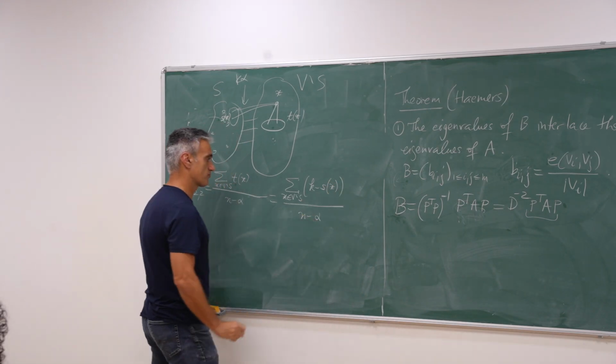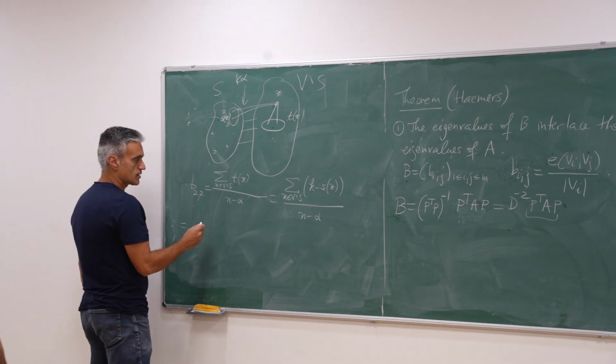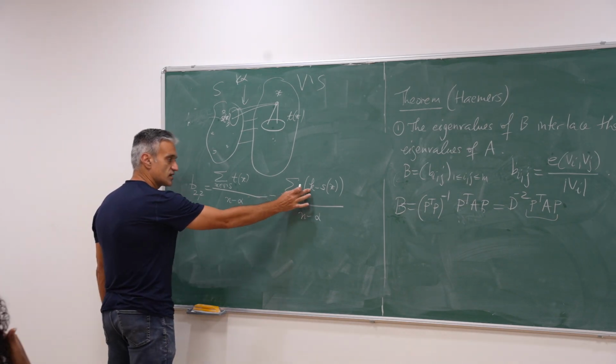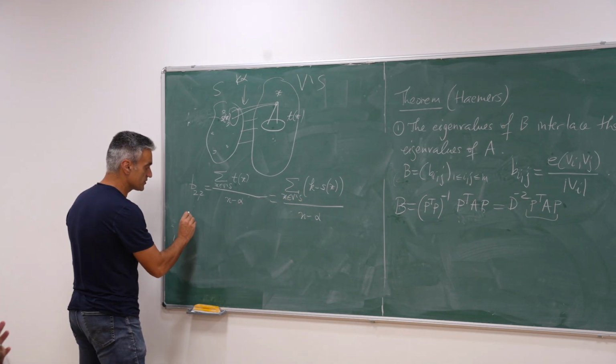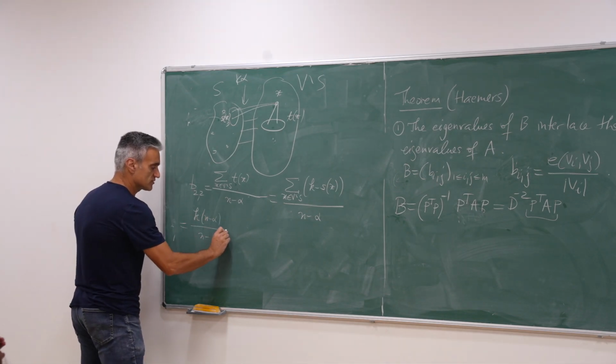And now, this will be split into 2. It will be summation of k for all v minus s, that will be k times n minus alpha divided by n minus alpha.